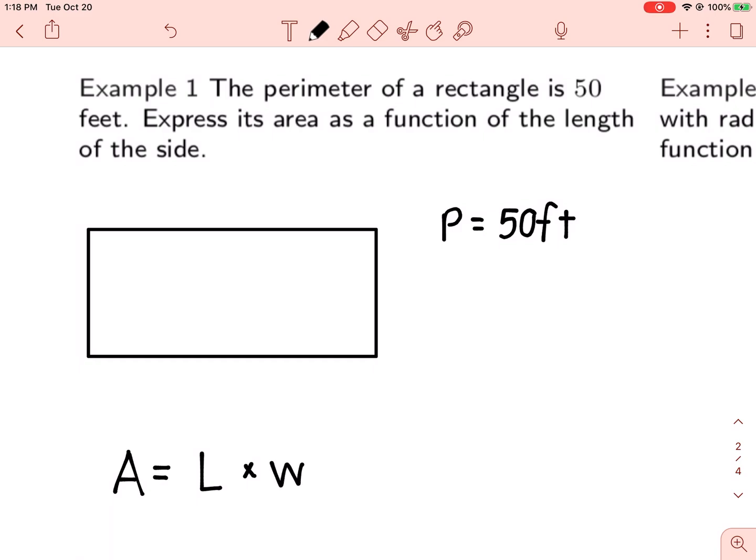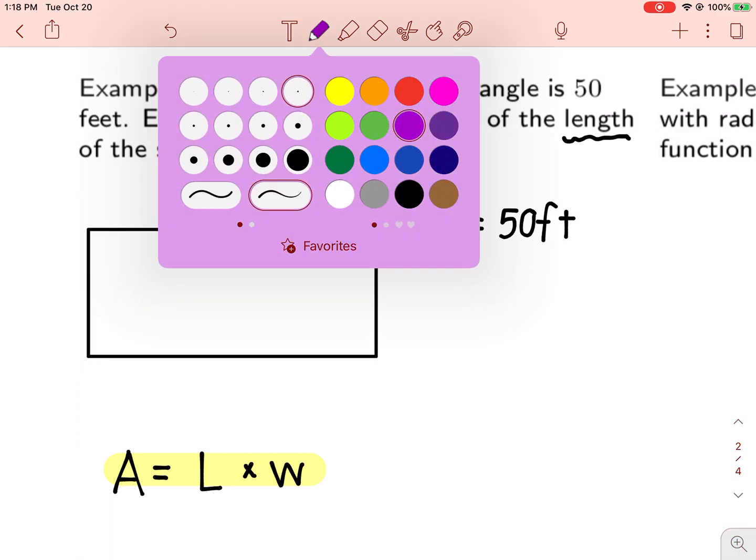But I need it as a function of length, which means W needs to be replaced with something else. Okay, so this is my goal right here. I'm going to use what I know about rectangles in the perimeter to replace W to get a function of length. Okay, so it's important to understand what we're doing.